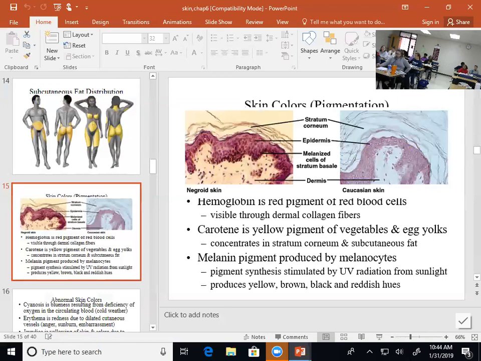So hemoglobin. I want you to know that keratin is a yellow pigment found in some vegetables and whatever. Now, we don't usually see this in human skin unless it's infants that are just starting off with their food sources. You all know that for infants, it's highly recommended that you go on prescribed schedules of how you introduce food.